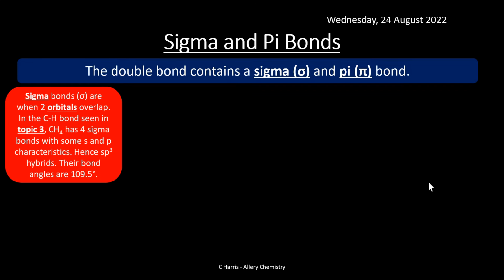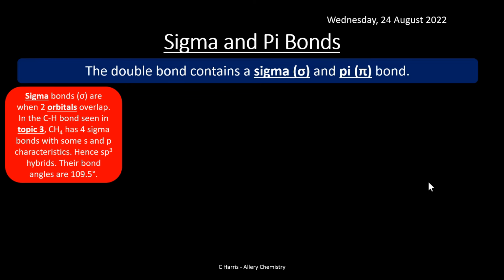Remember, you have s orbitals and p orbitals. They're the main orbitals. You do have d and f orbitals, but the main ones are s and p orbitals in relation to carbon-hydrogen bonding, which is effectively organic chemistry. So when they bond, these have got to overlap.